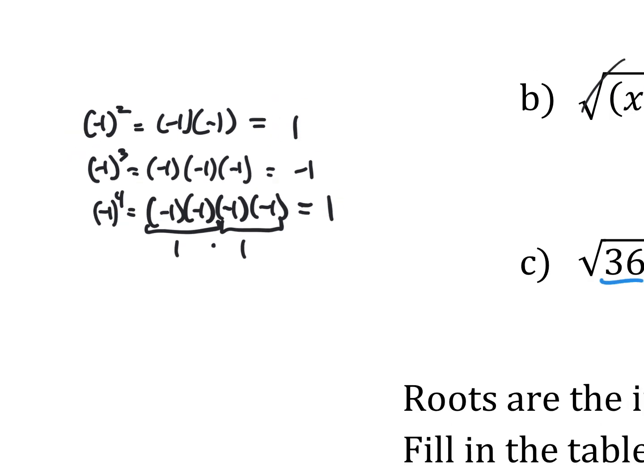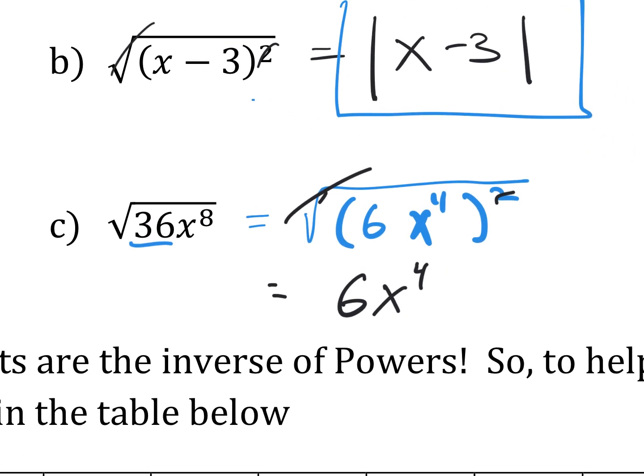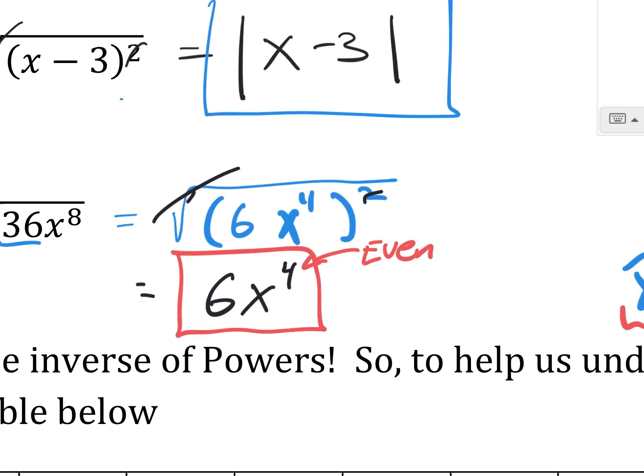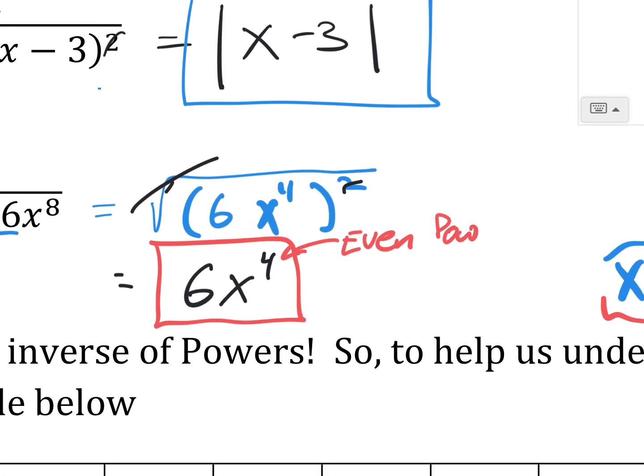So, if we end up with an even power, we don't need absolute values. We don't need absolute value because it's even. Even power means no absolute values needed. All right? Cool.